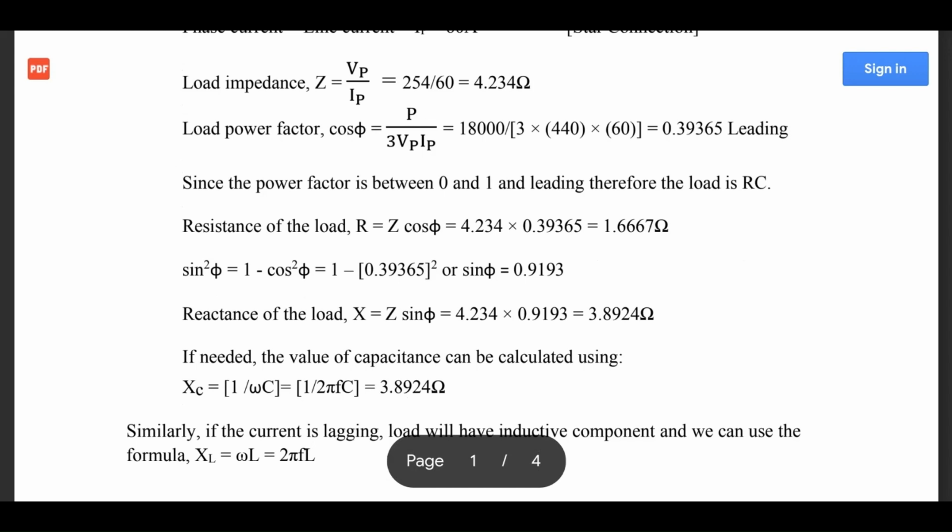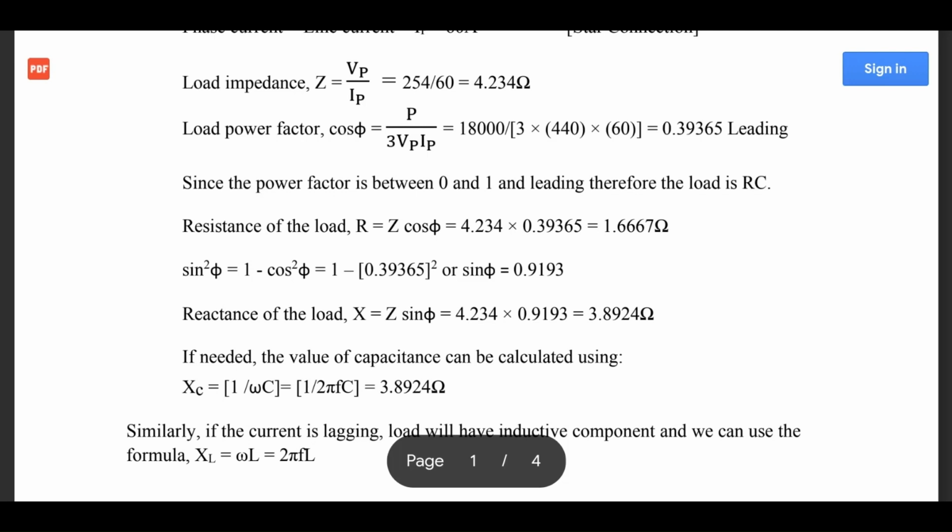In a pure resistive circuit, or when the load is pure resistance, the current and voltage are in phase, so zero angle of phase difference is there, so cos phi is 1. But in a pure capacitive circuit, the current is leading by 90 degrees, so the power factor becomes 0.